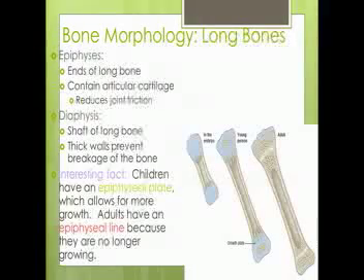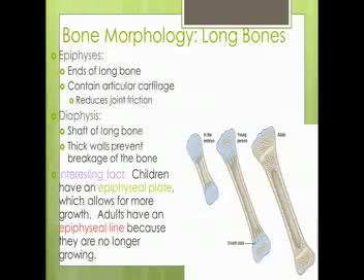All right, bone morphology. We're going to look at the morphological characteristics of long bones first, and then we'll take a look at flat bones. Long bones, if you recall, are longer than they are wide. Well, at the ends of long bones are something called the epiphyseal regions. These epiphyseal regions, so here would be one, here would be one.